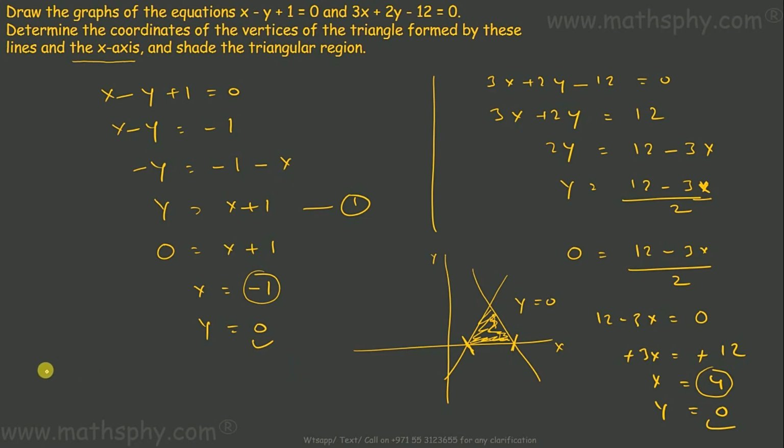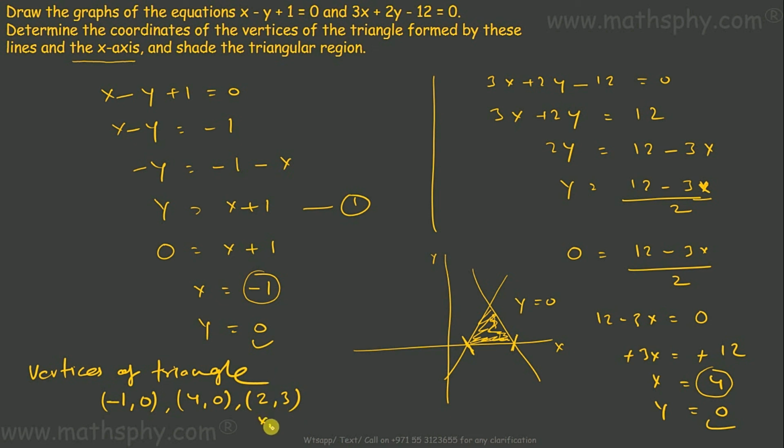So the vertices of the triangle are: first, negative 1, 0; second, x is 4, y is 0; and third is the point of intersection, x is 2 and y is 3. So these are the three vertices of the triangle, and this 2, 3 is the point of intersection.